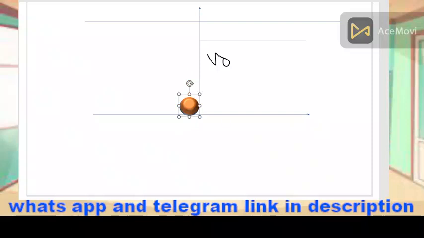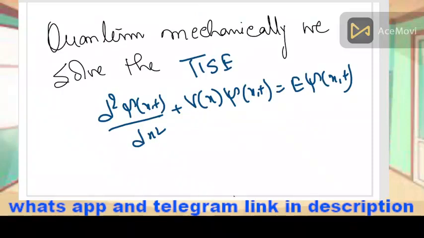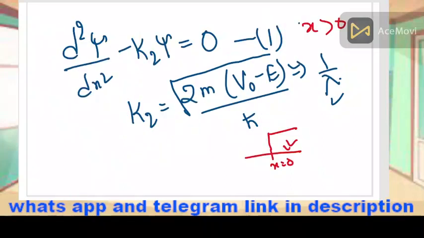Quantum mechanically, we have to solve the time independent Schrodinger equation and check the wave functions and the boundary conditions to find what physically is happening. We solved the equation and got some equations like this.